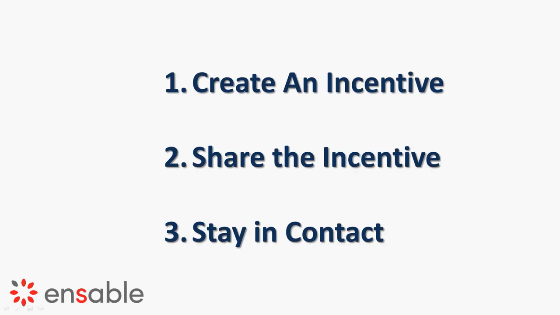So to summarize, again, we're not trying to create a list just to get permission to email our prospects. We're creating a list so that our prospects will act, and in doing so, they will pay more attention to what we're contacting them about. Now, we need to create an incentive strong enough to entice these prospects to actually give us their email address.